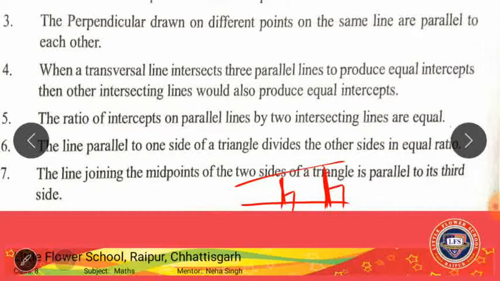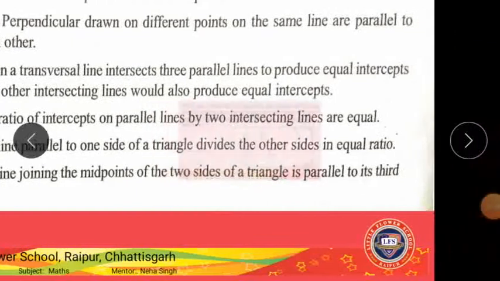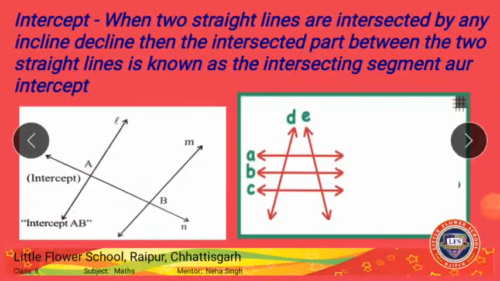Okay, next is when a transversal line intersects three parallel lines to produce equal intercepts, then other intersecting lines will also produce equal intercepts. Now for this you need to know the term intercept, what intercept means. So let us first see what the term intercept means.